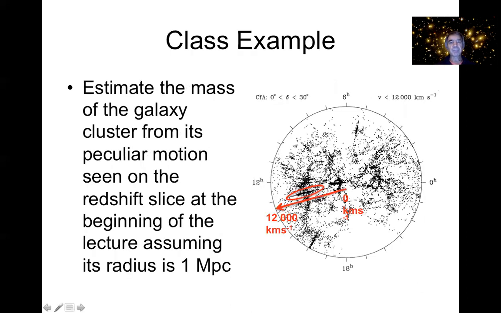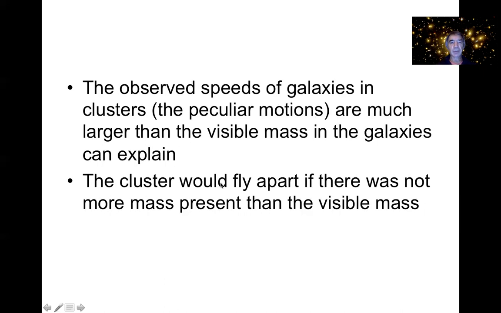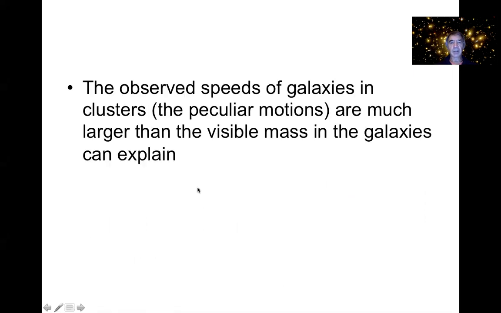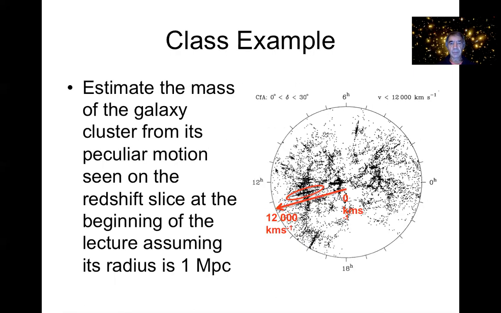So, a chance for you to put that formula into action, the one I was just talking about here. Make M the subject of this one, and put in the delta v, if you like, that we had at the beginning of the lecture.